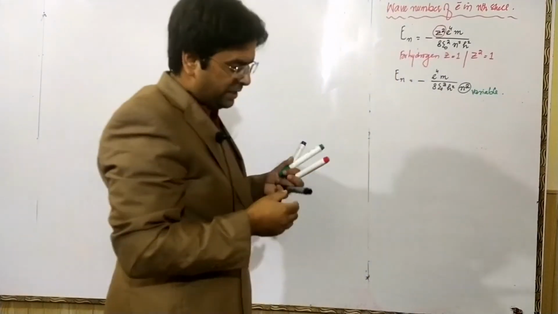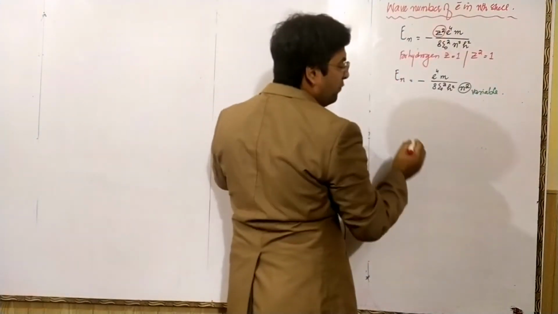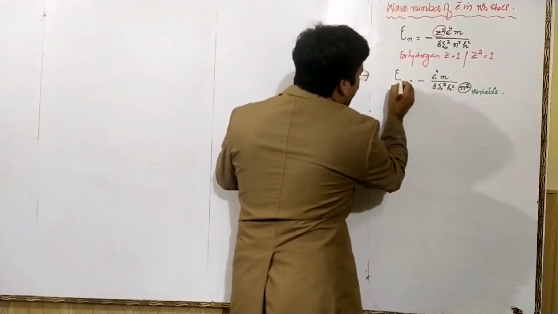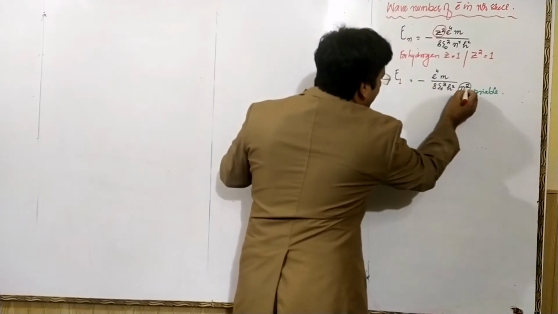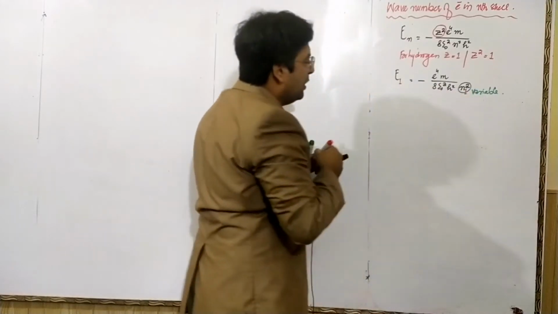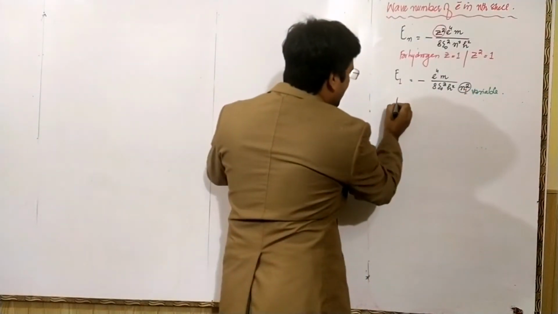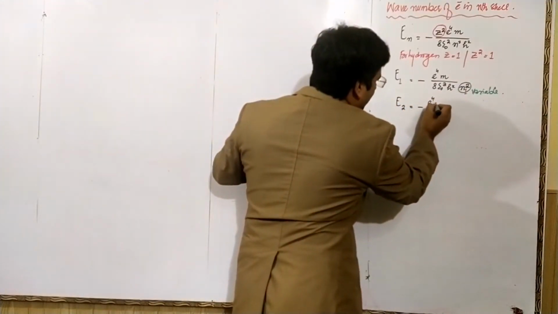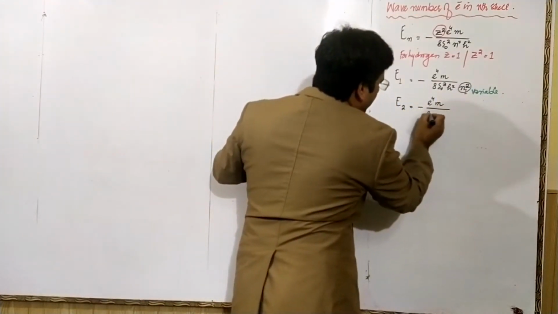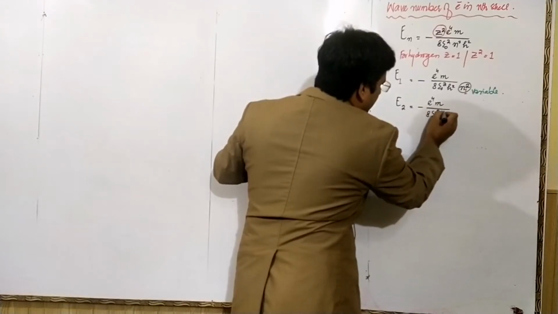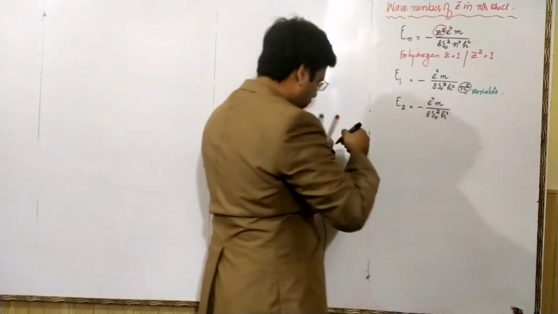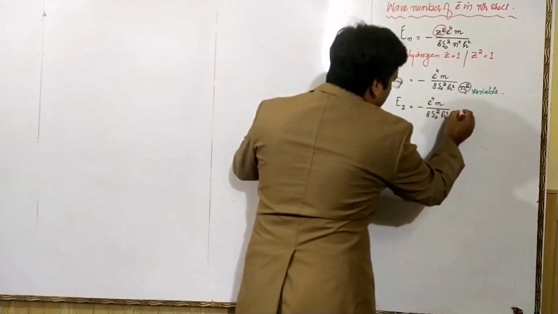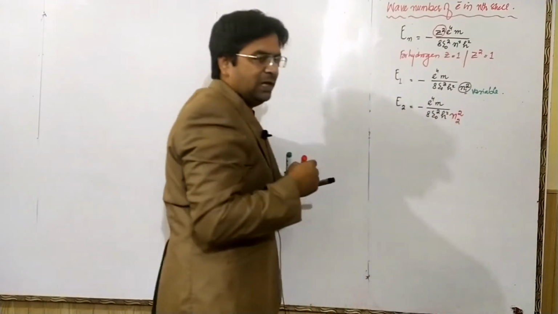If we have to calculate the energy of the first shell, we can change this one; for first shell, it will become n1 square. To calculate the energy of the second shell, it will be minus e^4 m divided by 8 epsilon naught square h square into n2 square for second shell.